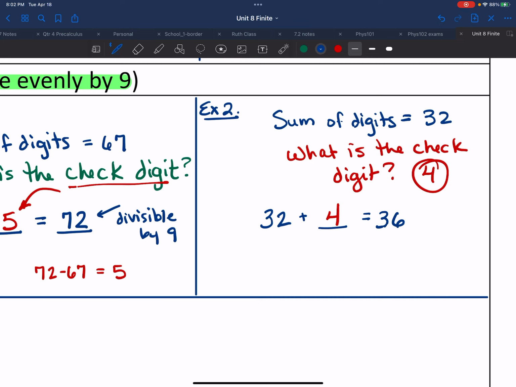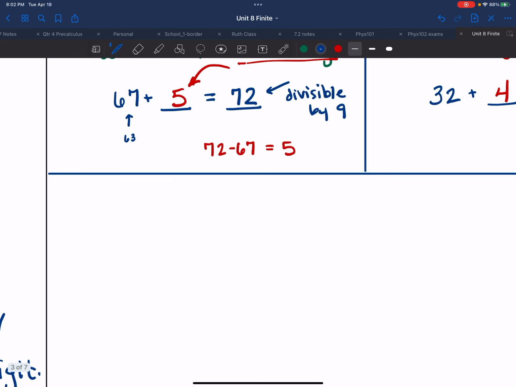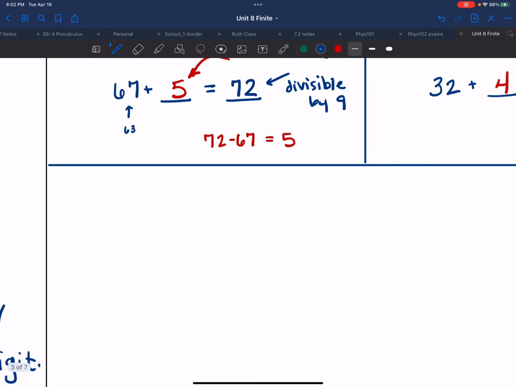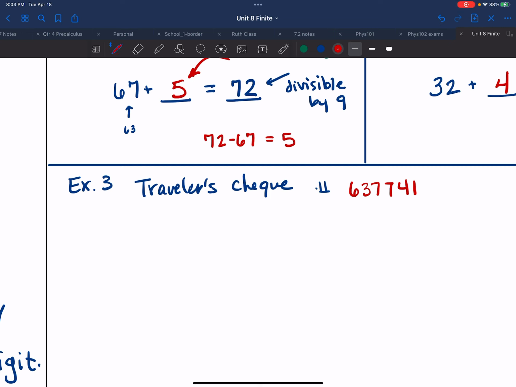All right, here's another one that's a little bit different. We're going to go ahead and see if our check digit is correct. So example 3, we have a traveler's check, and the number on that traveler's check is 637-74158.